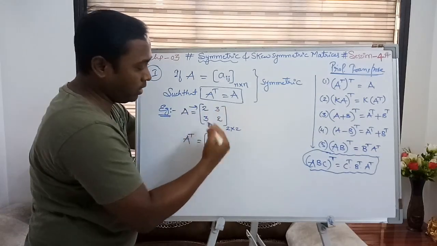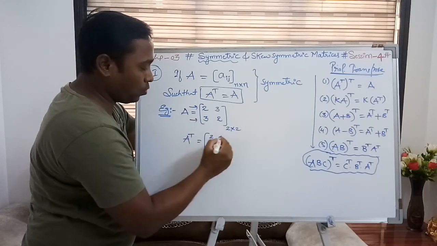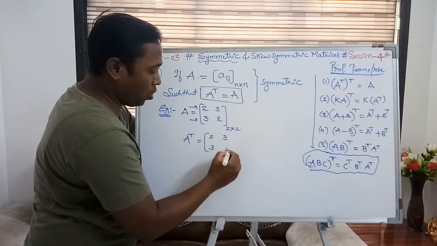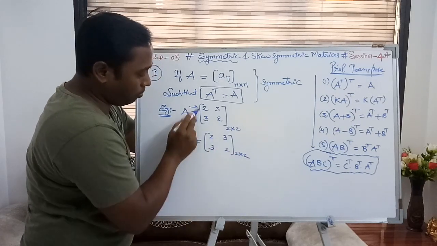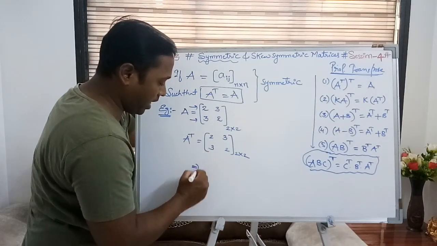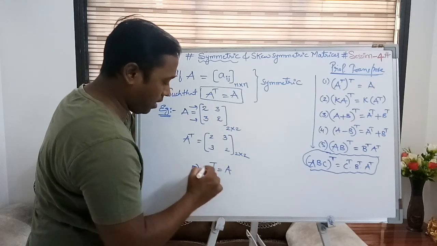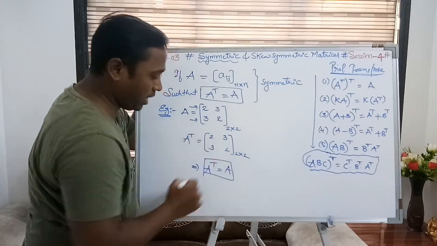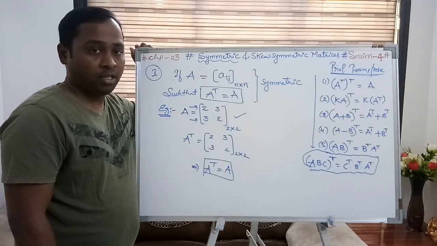So I take row 1 and write it in column 1, I take the second row and write it as the second column. You will see both the matrices are identical. Hence, from here I can say A transpose is equal to A, or A dash is equal to A. Hence, this is a symmetric matrix.